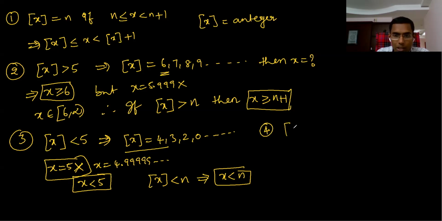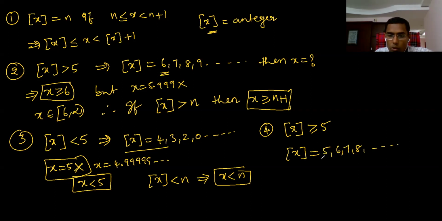So the 4th one. Now bracket x is greater than or equal to 5. Always remember, bracket x, the integral part, is an integer. An integer greater than or equal to 5 is 5, 6, 7, 8, and so on. So how do you get 5?